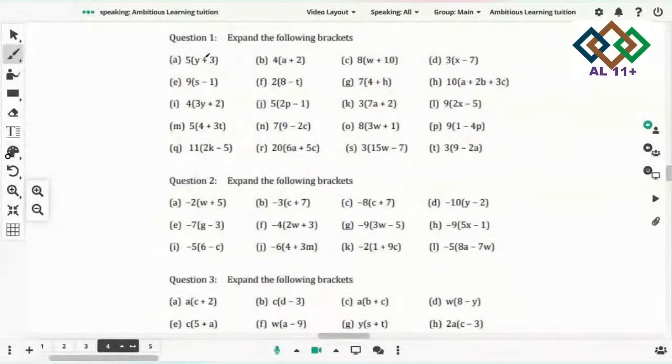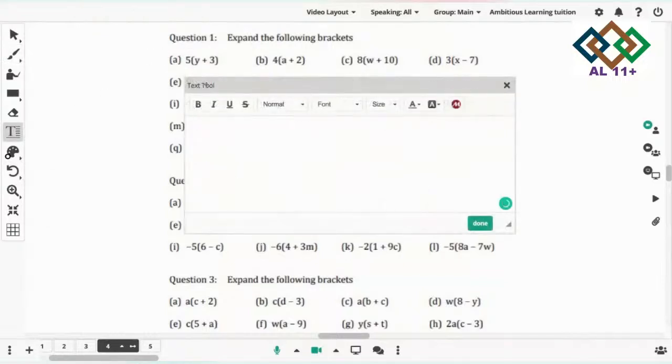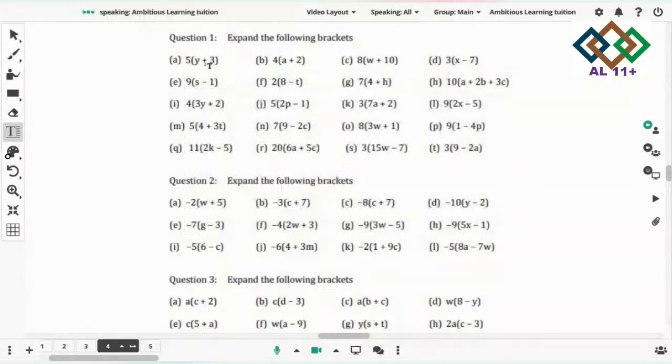So we are multiplying this to open our brackets. So you'll be opening your brackets. Oh, I need to use a pen only. So 5 multiplied by y is 5y. And then you have plus. Then try multiplying 5 multiplied by 3. That's 15. So this is the way you will be opening your brackets now.